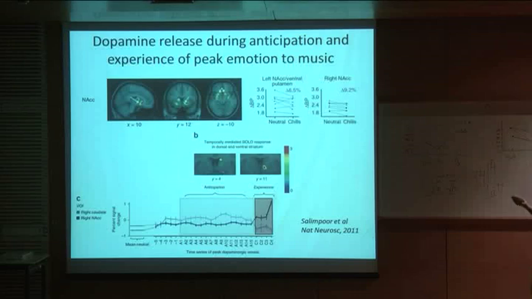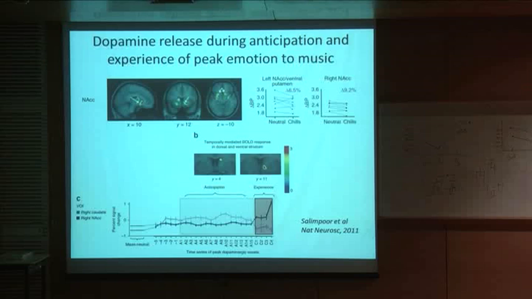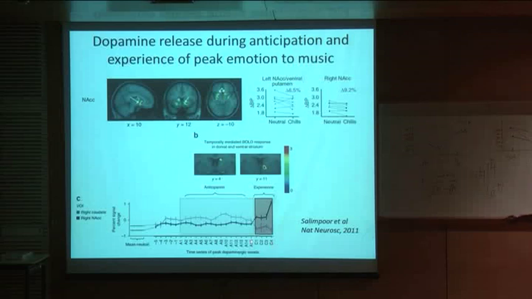Some people enjoy music so much that they experience chills, these tremors, when they hear their preferred musical piece. In this study, the subjects were asked to bring their favorite musical pieces that really touched them to the scanner, and their brain was scanned while they were anticipating these chills and actually experiencing the chills.